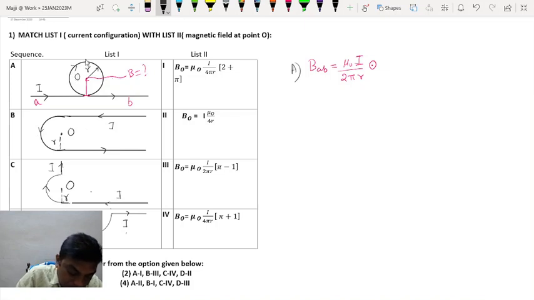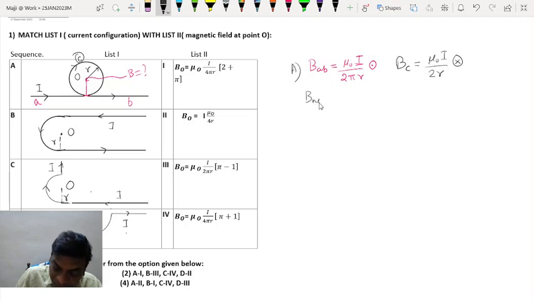Then this circular part, I can take it as C for circular. So B due to the circular part, for a complete circle at the center, is mu 0 N i by 2r, and it will be along the inward normal to the plane of the page.